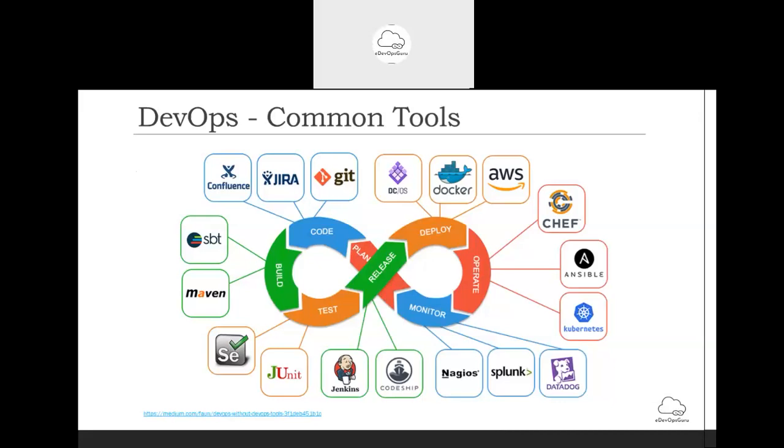In that particular program, we will be covering the whole life cycle, right from code, build, test, release, deploy, operate, and monitor. So we will be covering almost all these tools. For example, I'll take a simple example of code, where we will see how Git or Git-based SCM tools like GitLab and GitHub are used, and how they are integrated with CI/CD tools, for example Jenkins, and how you can create the whole zero touch pipeline which we discussed today using these different tools.